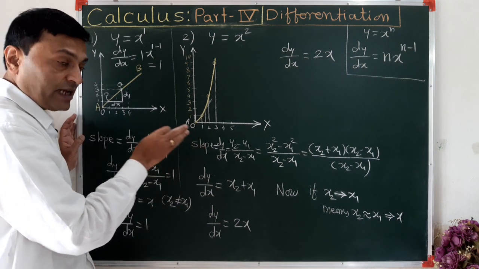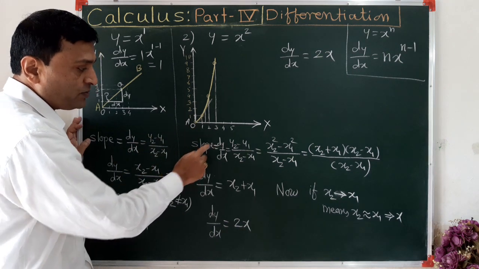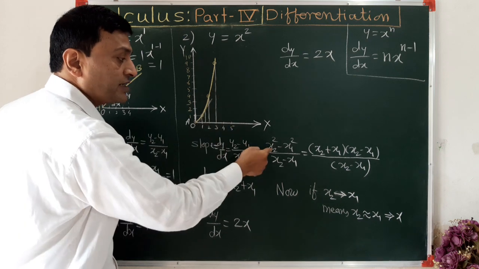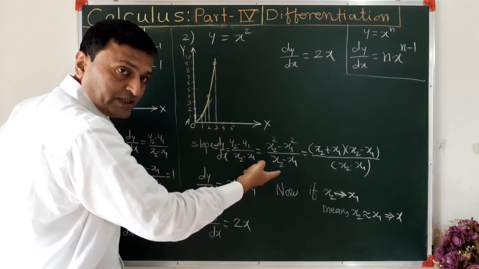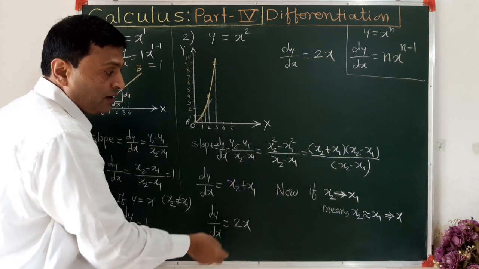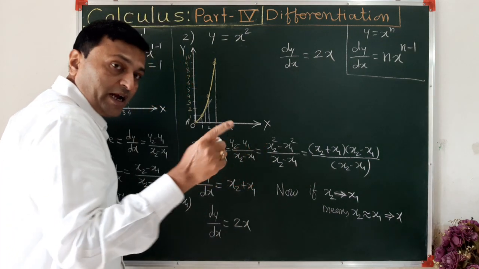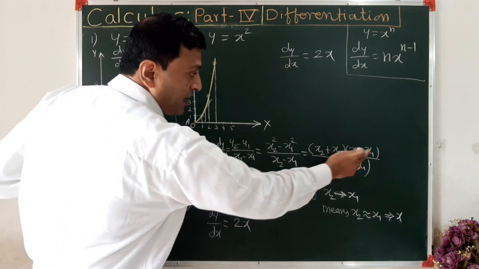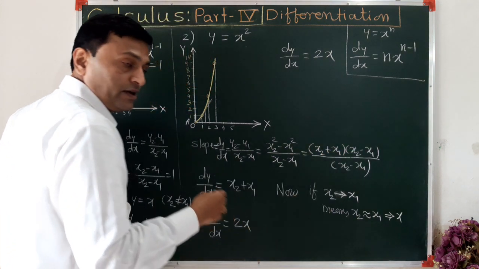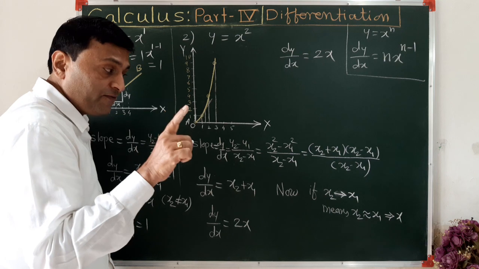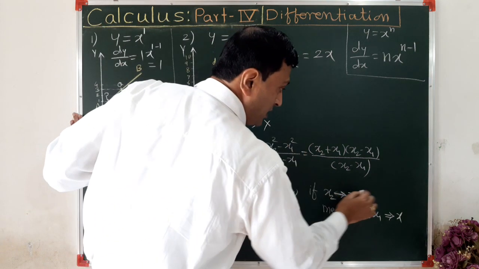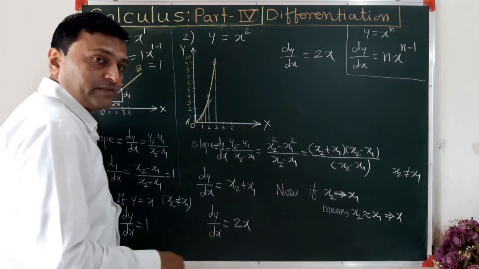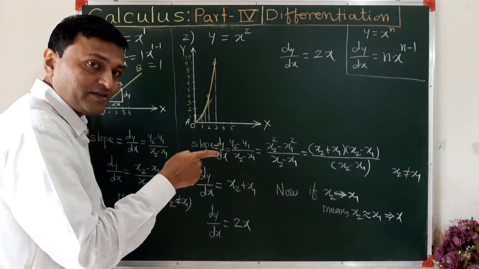But in this case what is happening? See, slope is dy by dx, means y2 minus y1 upon x2 minus x1, but y is x square, means y2 is x2 square, y1 is x1 square. Put the values. Then we know a square minus b square is equal to a plus b, a minus b. Put here. Then x2 minus x1 and x2 minus x1 can get cancelled if x2 is not equal to x1, means that is the limiting condition.